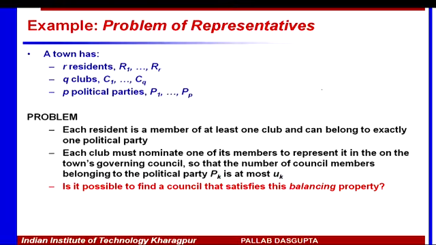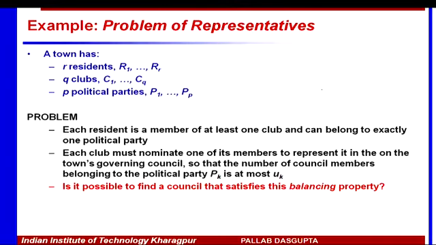So let's look at this problem first, that we have a town which has R residents, there are Q clubs, and there are P political parties. And each resident is a member of at least one club and can belong to exactly one political party.